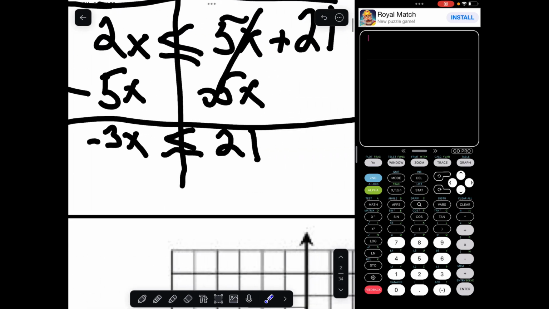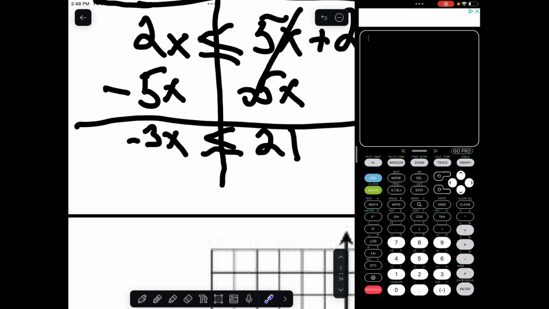In this equation, I have an x. Right now I have negative 3x's. I just want 1x. So to get to 1, I'm going to have to divide by negative 3.